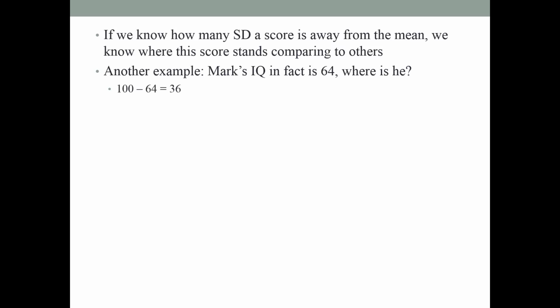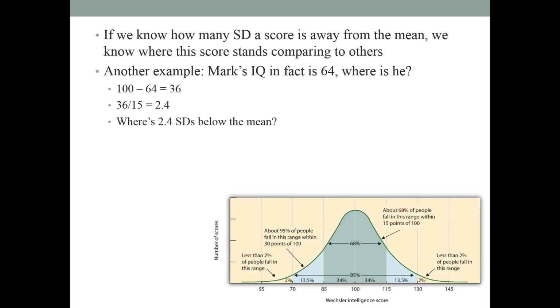So 100 minus 64, or maybe you will say 64 minus 100, so it will be negative 36. Then how many standard deviations is this distance? 36 divided by 15, which is the standard deviation, is 2.4. That means Mark's score is 2.4 standard deviations below the mean.